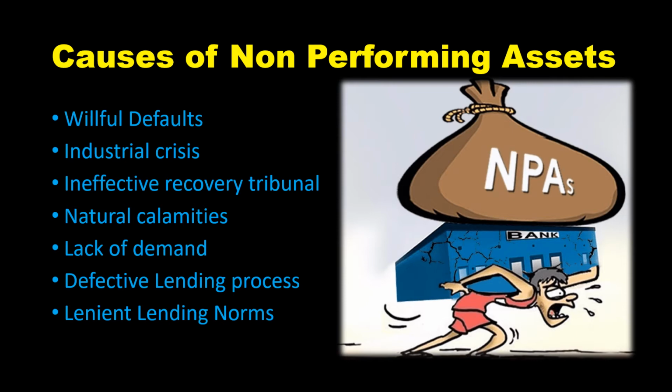Then a defective lending process. There must be a proper system, and they must follow a particular system while lending. If there are any defects in that, it increases non-performing assets. Then lenient lending norms, that means giving more leniency while lending, without even asking for a pay slip or any surety or security as a deposit. So without asking anything, if we are lending loans, that increases our non-performing assets. So these are the reasons why non-performing assets increase.